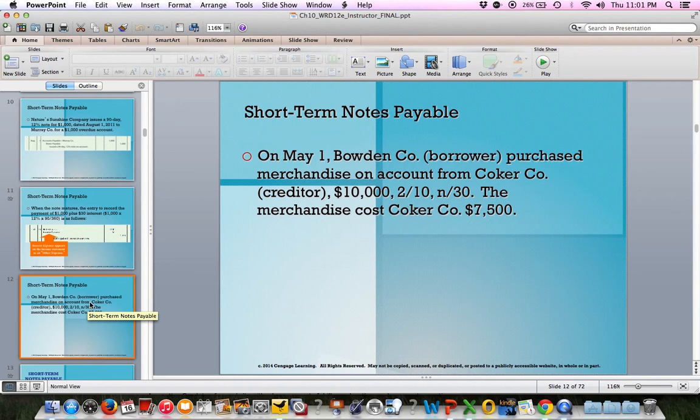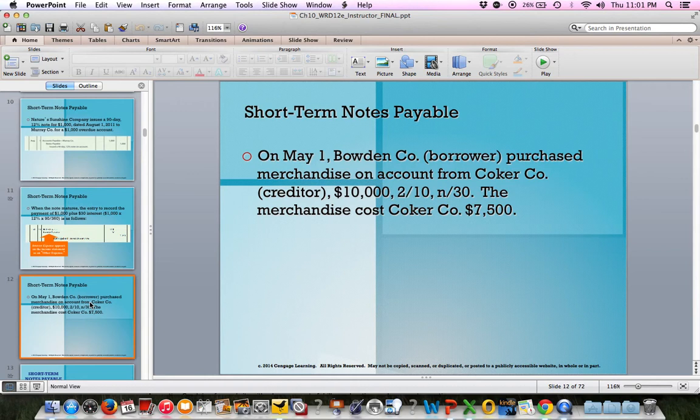Another example then of a short-term note payable. It says on May 1 Bowden Company is the borrower. They purchased merchandise on account from Coker Company, the creditor, for $10,000, and it says 2/10, n/30. So when you see 2/10, just think to yourself 2/10, and then n/30 is net 30. The merchandise cost Coker $7,500.